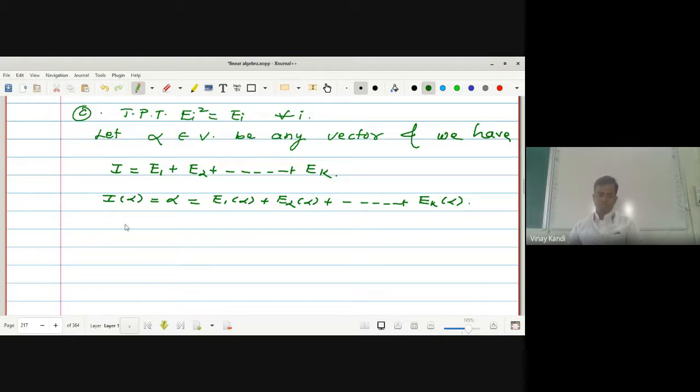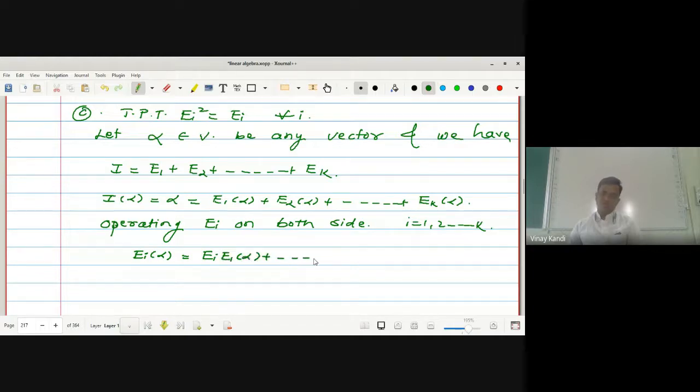Operating EI on both sides, with I equal to 1, 2, 3, we get EI of alpha is equal to EI into E1 of alpha plus EI into EI of alpha plus up to EI into Ek of alpha.